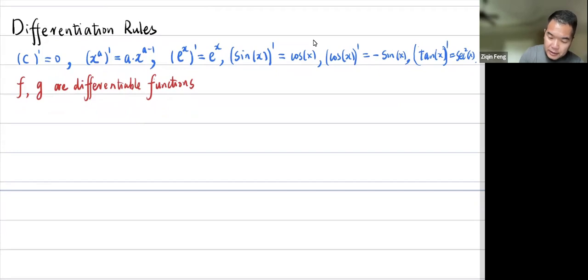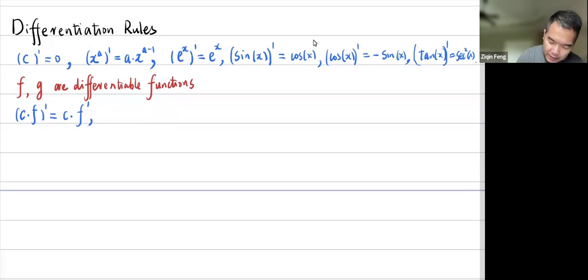So first one here, you can get a new function by multiplying with a number. So c times f, prime is c times f prime. All you need to do when you differentiate this new function is differentiate f, then multiply by that number in the end, right?